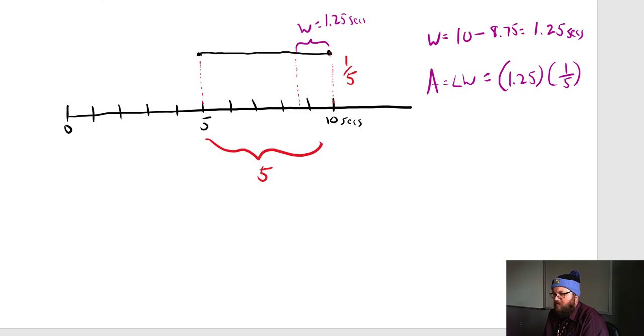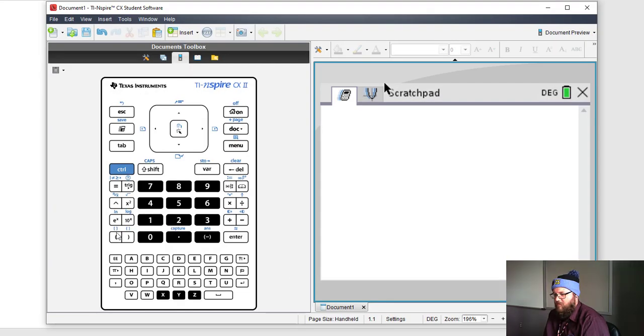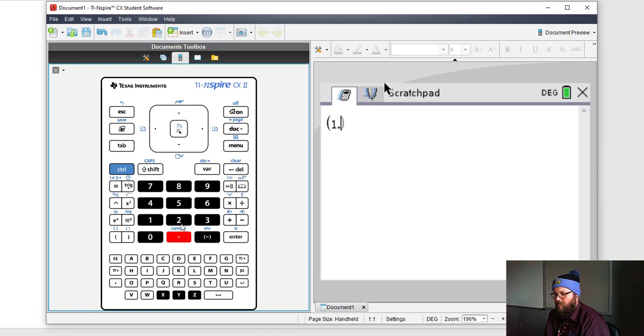So in this case, we've got 1.25 times 1/5. So the area overall, if we put that in the calculator, so 1.25 times 1 divided by 5, that should give us 0.25.